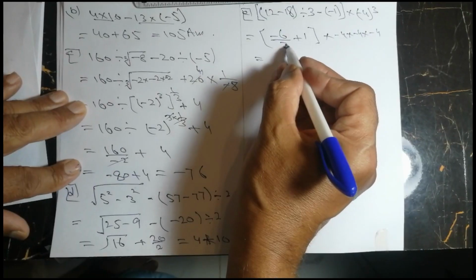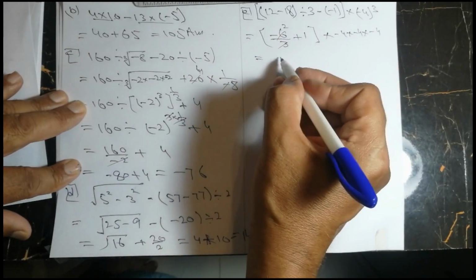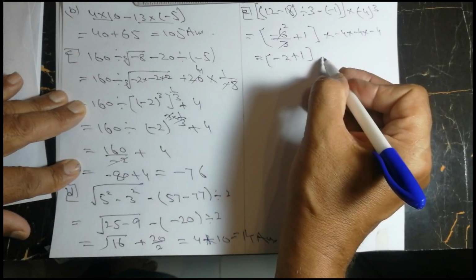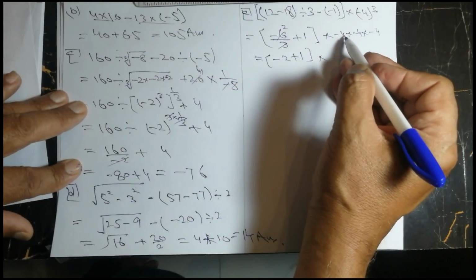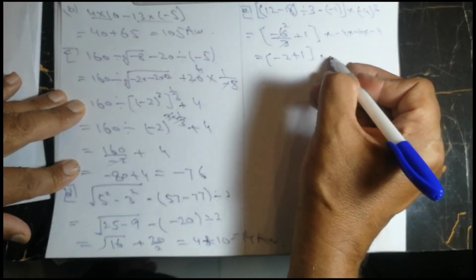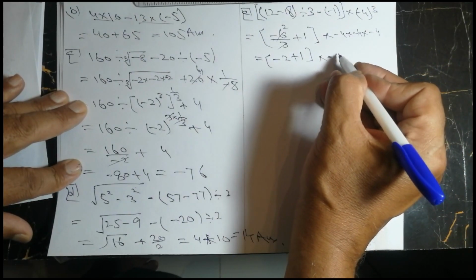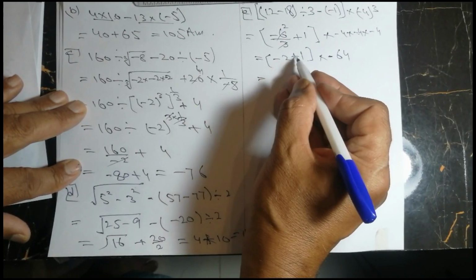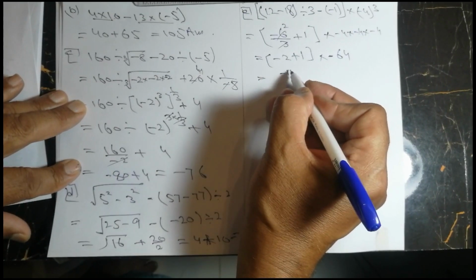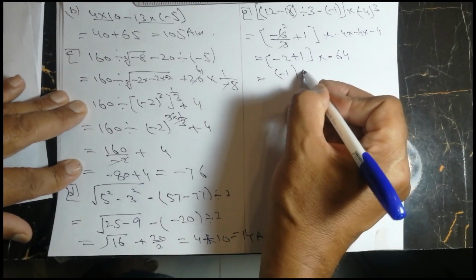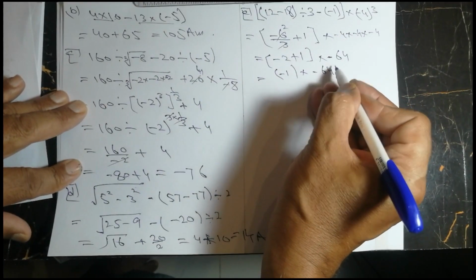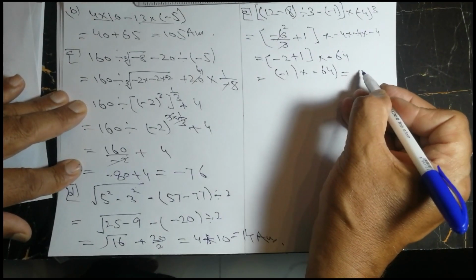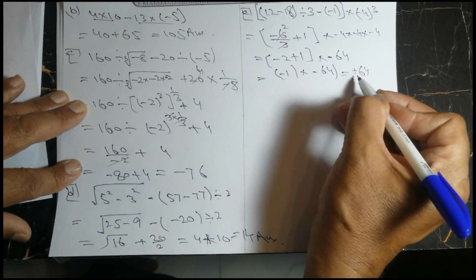So this is equal to 3 2s are 6, so minus 2 plus 1 into 4 4s are 16, 16 into 4 is 64, three times, so this will be minus 64. So this will be minus 2 plus 1, minus 1, and into minus 64, again minus and minus is plus, so this will be 64. This is the answer.